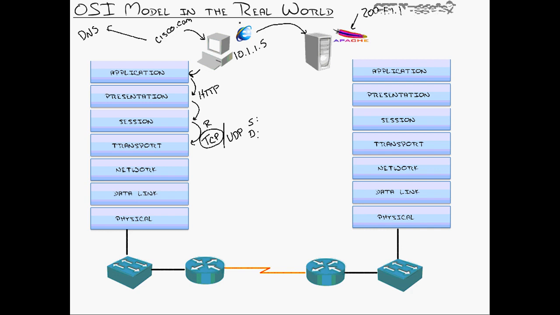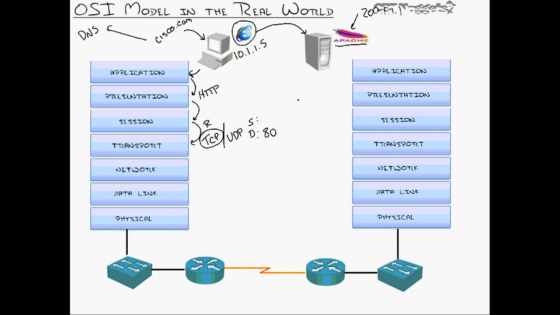We need to make sure that the message coming from Internet Explorer gets sent to the web server application, which is Apache in this case. That's my little flower or feather right there. I want to make sure that that message goes up into the web server software and doesn't get grabbed by the email server software and think I'm requesting some sort of email message or something like that. So in order to do that, my web browser, my operating system, hard codes a destination port number of 80.